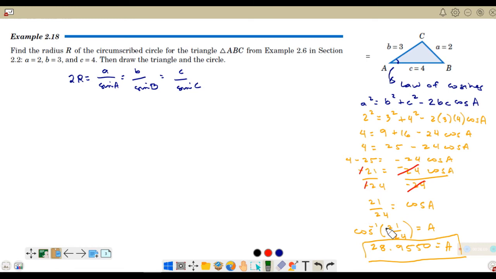Yan. Kuha na tayo ng measurement ni radius kasi gusto natin mag-drawing ng circle na sasakop dito sa isang buong triangle. So, gamitin natin yung unang ratio, A over sine A. So, we have 2R is equal to, A is 2, over sine A, A is 28.9550.